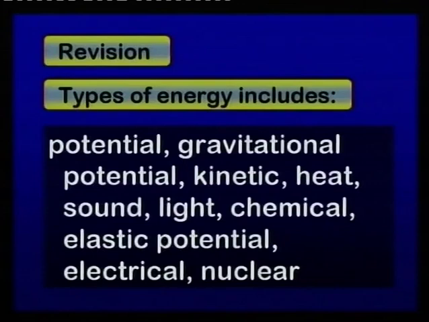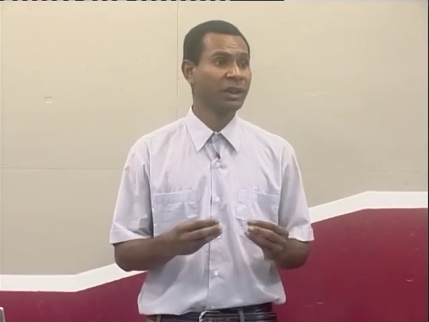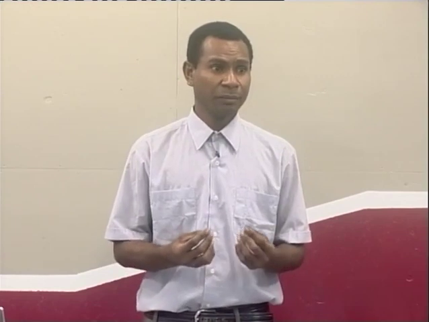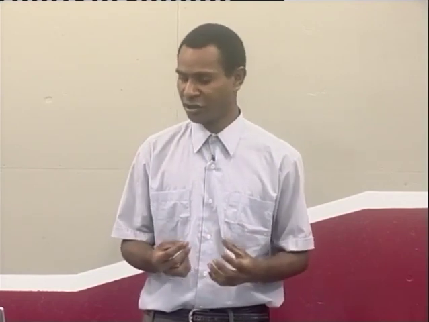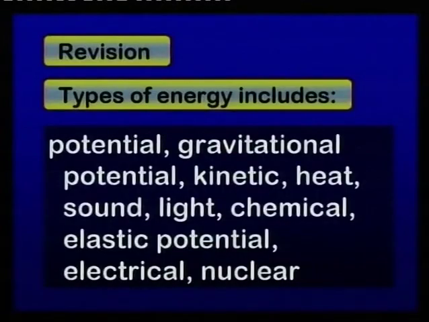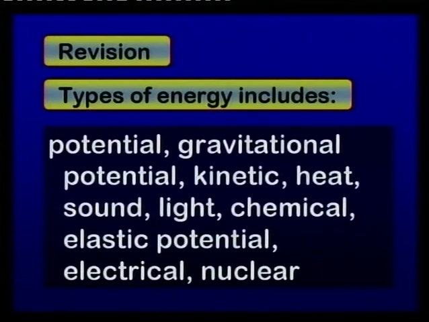For example a waterfall, or if you drop a biro, this biro has gravitational potential energy. Next one is kinetic energy, moving energy, which we normally carry out in our activities.